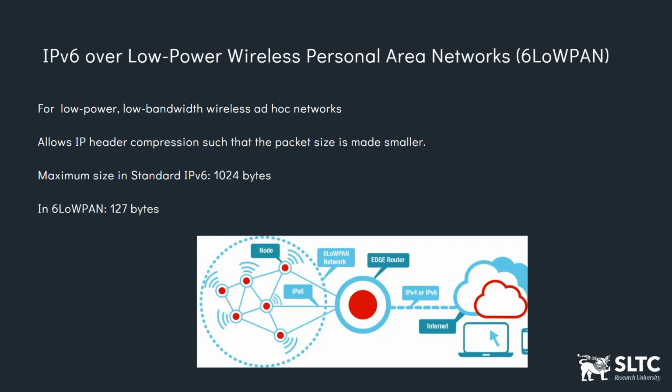Therefore, it is widely used in wireless sensor networks and ad hoc networks, where we don't have enough energy at the device level and we need more energy-efficient communication protocols. So the 6LoWPAN protocol is used for such low-energy networks and related applications.